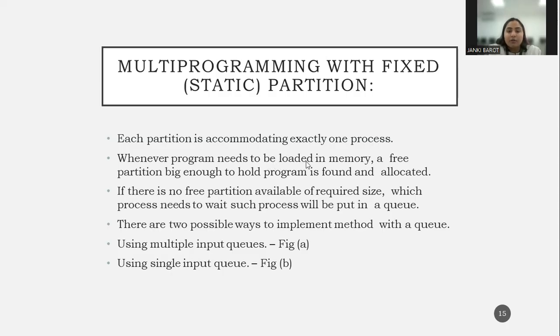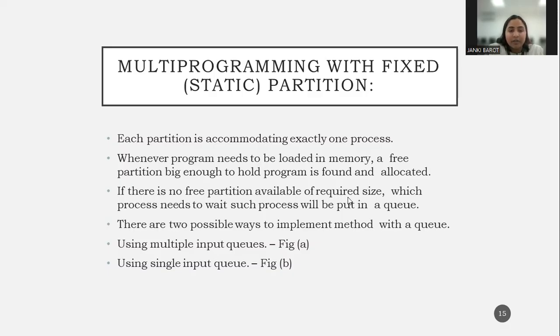Whenever a program needs to be loaded in main memory, a free partition big enough to hold the program is found and allocated. What is written here is that whenever a program needs to be loaded in main memory, a big enough free partition will be held for that process to run. If there is no free partition available of the required size, right?